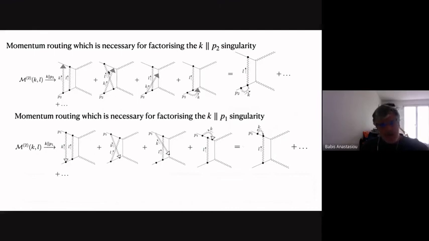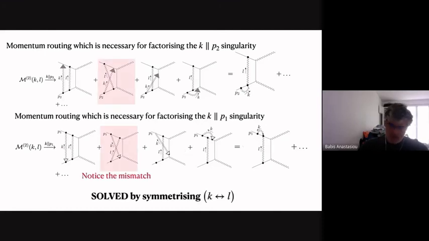But here, what you want to call k for the k parallel to P1 limit wants to be called L, the other momentum. Unless you symmetrize, you are not going to have a factorization of the singularities. So that's what we are doing. We are symmetrizing in the two labels, and then for most limits, the factorization is immediate. So here is the graph. Sorry, I could have shown that before.